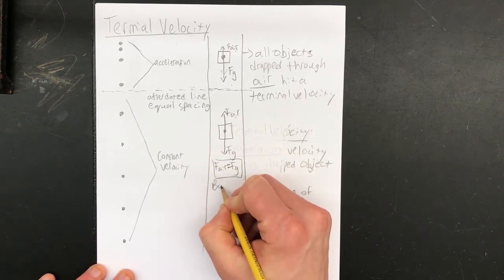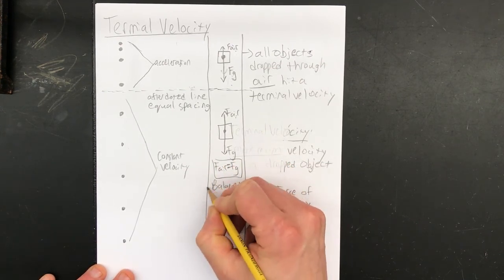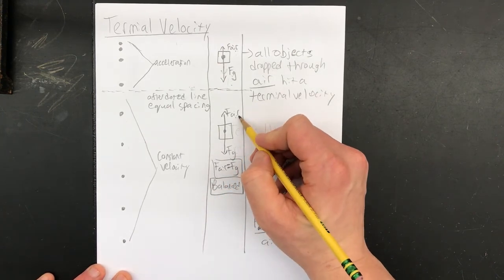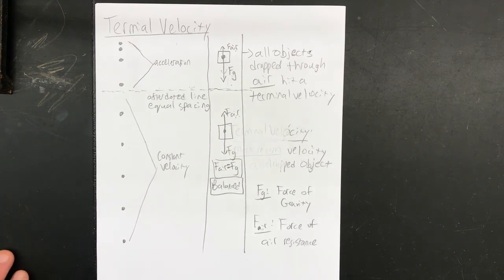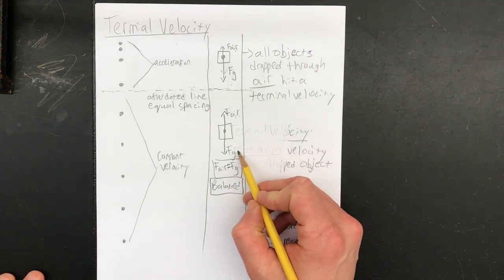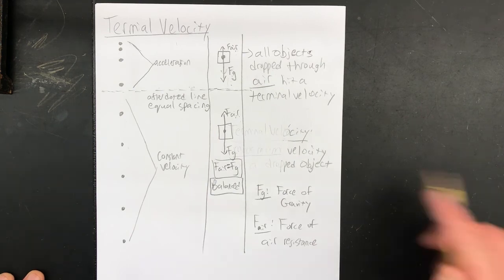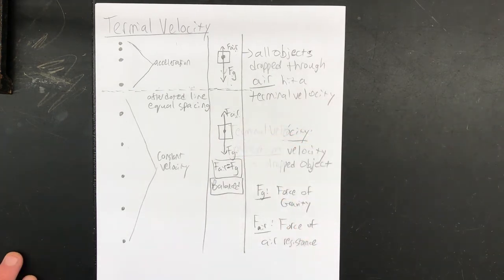And those forces, because they're equal, we call them balanced. Meaning gravity is not stronger, air resistance is not stronger, they're just as strong as each other. Okay, so that means that it stopped speeding up. If gravity was still stronger than air resistance, then it would still speed up. If air resistance was stronger than gravity, it would slow down.